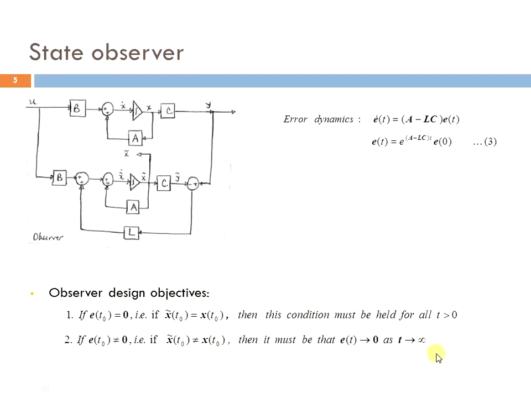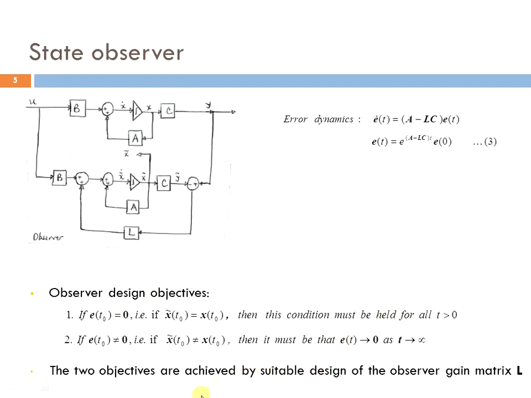So the way we achieve that is by designing our system in such a way that the exponential matrix leads to an asymptotically stable system.